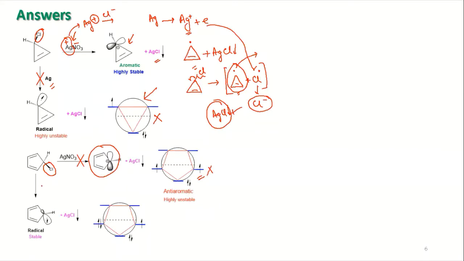But if you treat with metallic silver, it can produce the radical. And where is your radical? You have one radical which is at the bonding orbital. Okay, so it is reactive but not anti-aromatic. You don't have more unpaired electrons, so you have stability. You have the relatively more stable species.